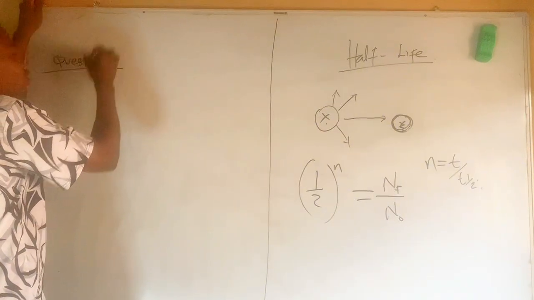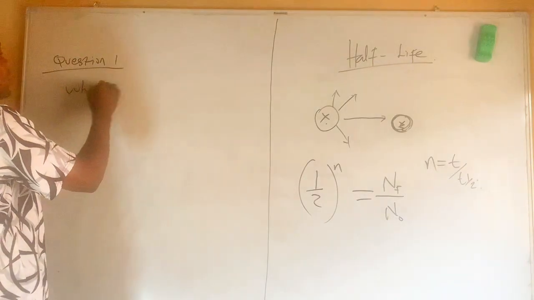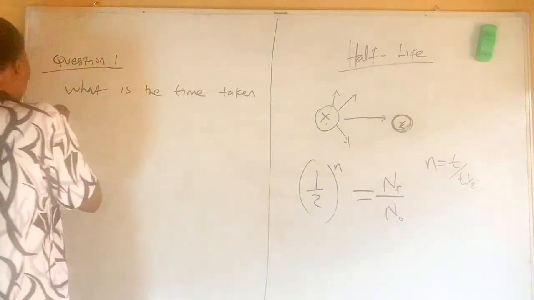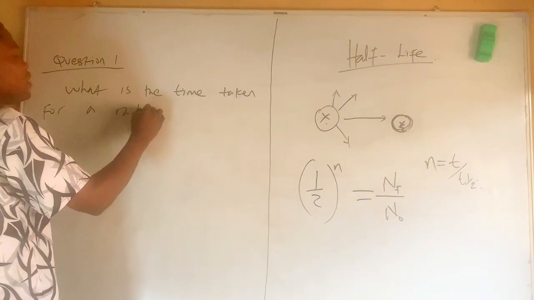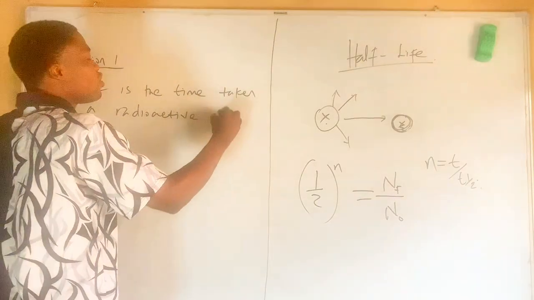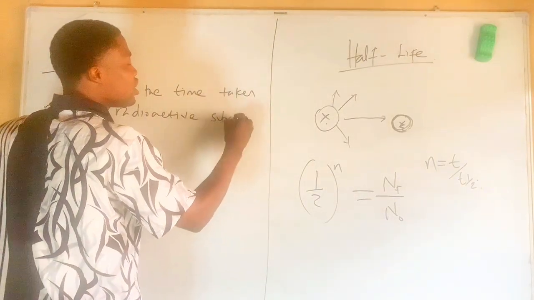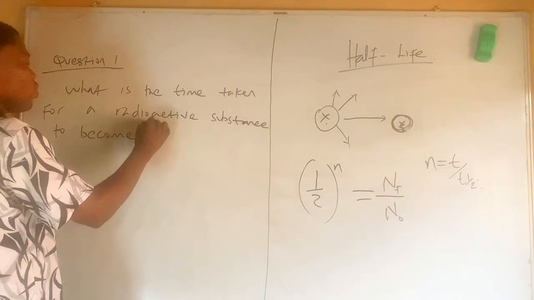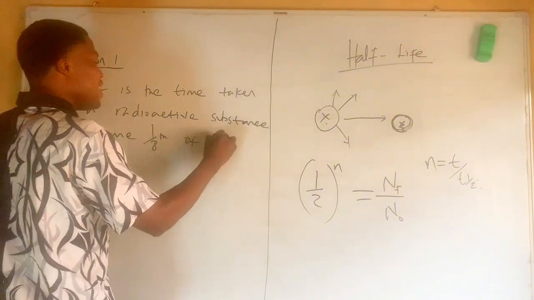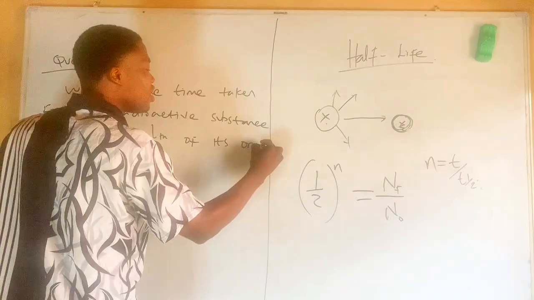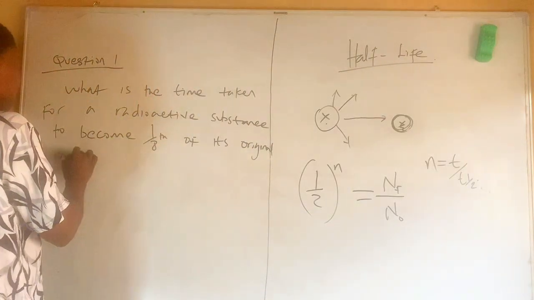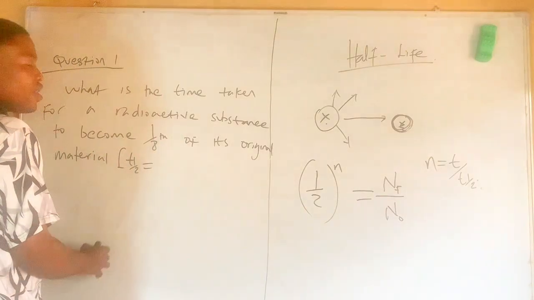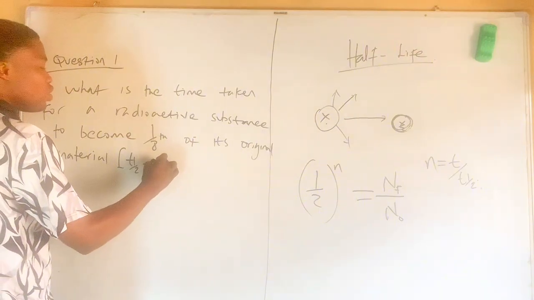What is the time taken for a radioactive substance to become 1/8 of its original material? The half-life of the material is equal to 2 minutes.